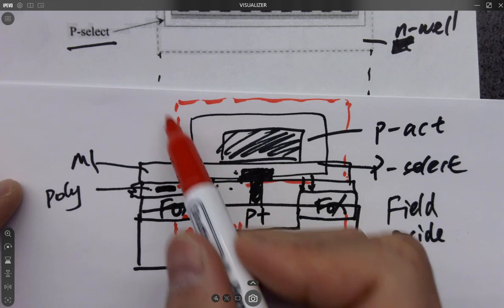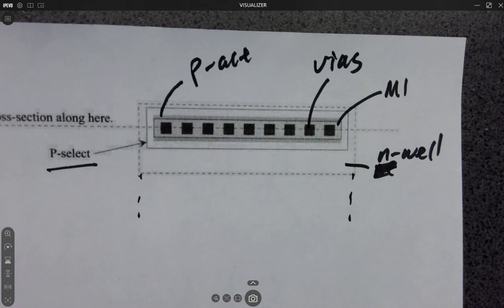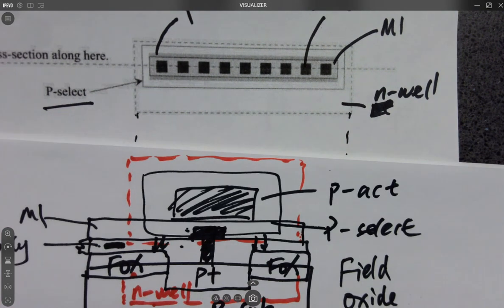So if you have N well around it, it looks like this. So I'm going to give you 1 minute to draw this cross-sectional view just for practice, and I'm going to draw that later after 1 minute, so you can find out if there are any issues you have. I'll show this figure for you as well, just in case.